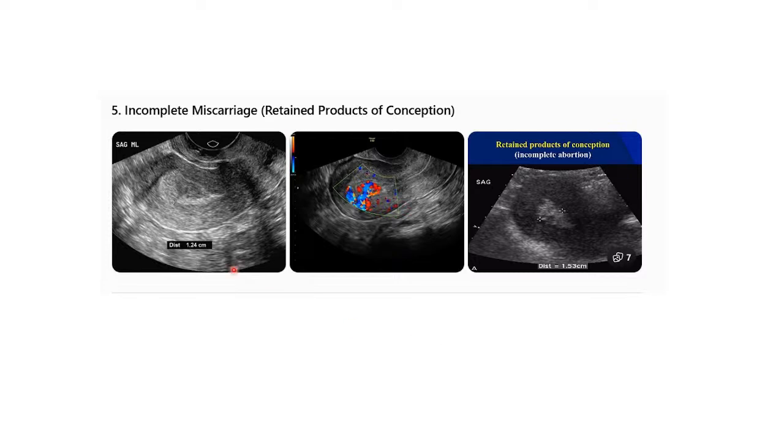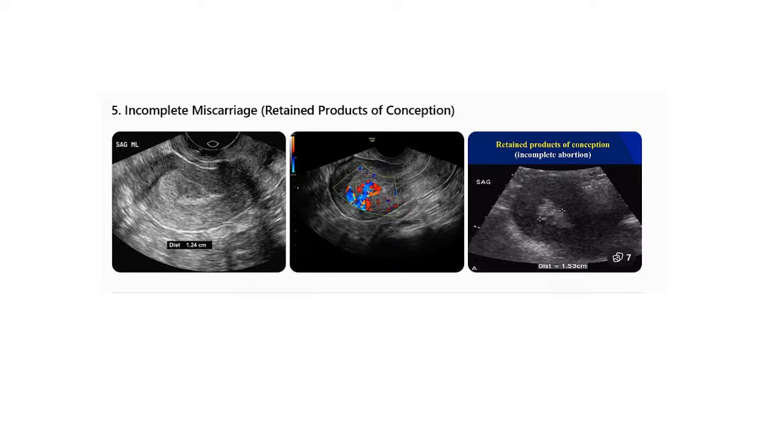They appear like that: an echogenic, thickened endometrium, and then you can see hyperemia or enhanced myometrial perfusion due to the retained products of what? Of conception. You must not just rush to say everything that you see is retained products or an incomplete miscarriage. It might be endometrial hyperplasia, it might be endometrial cancer.